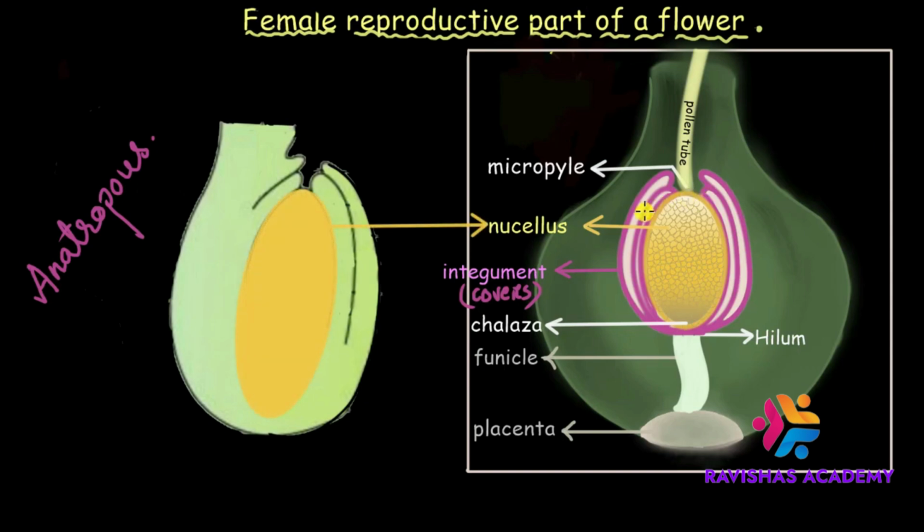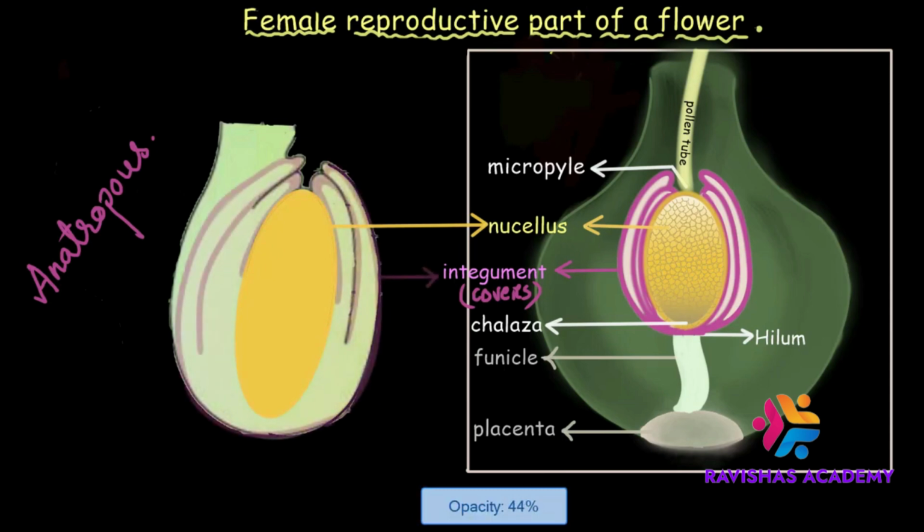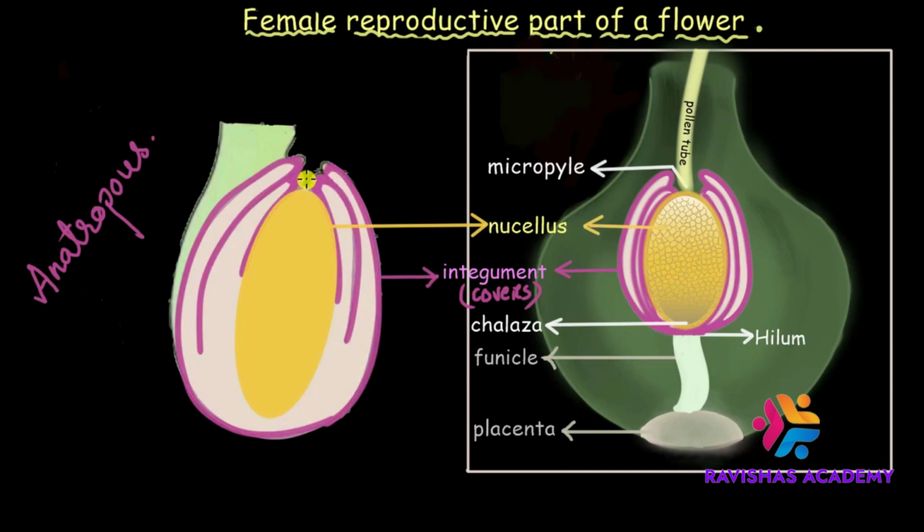And as you can see, the nucellus has two coverings here. It will also have two coverings. So these two things that you see are the integuments. And the portion which is left uncovered by the integument is called the micropyle. So this is the micropyle end, and the portion which is bang opposite to the micropyle will be the chalaza end, right?